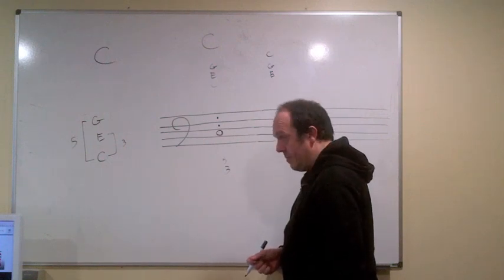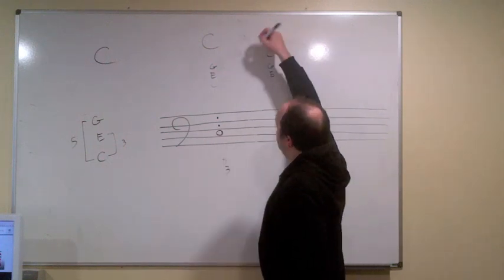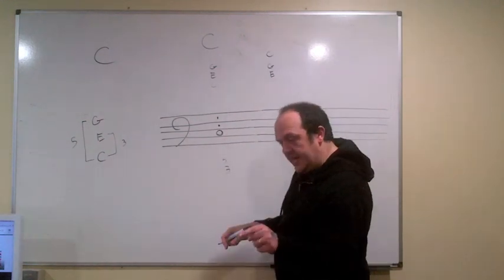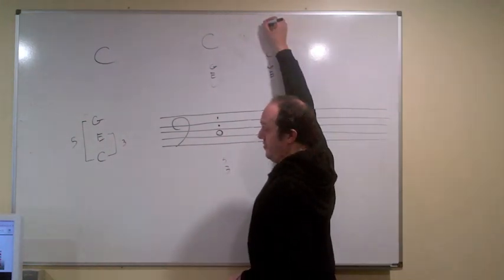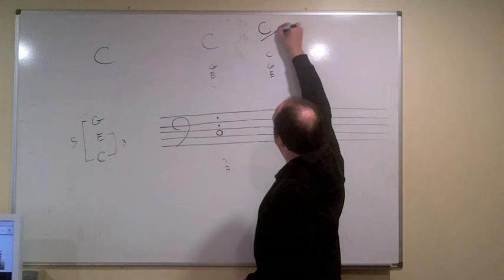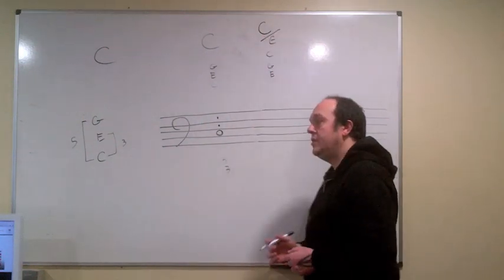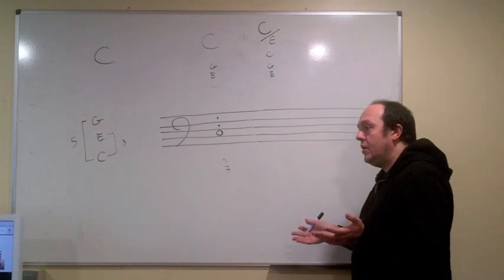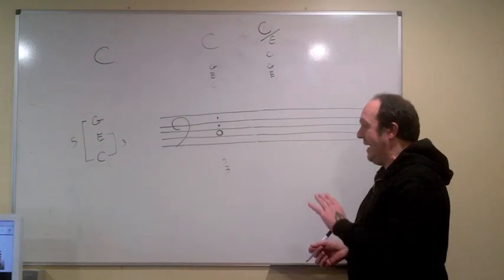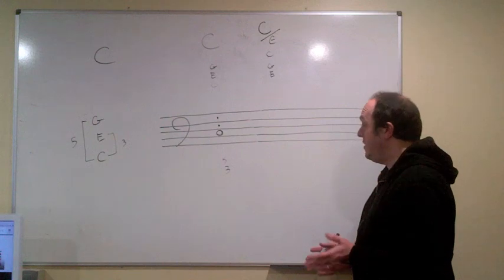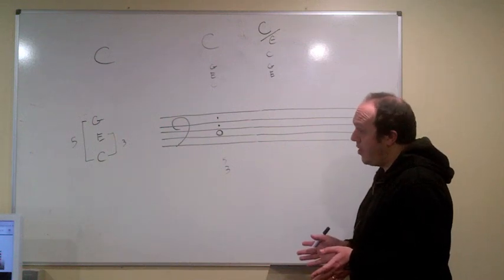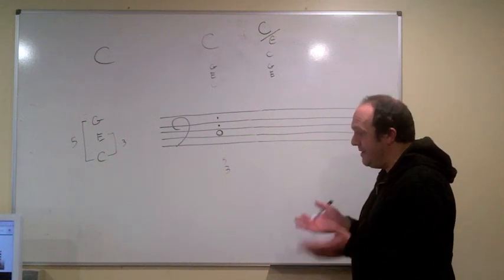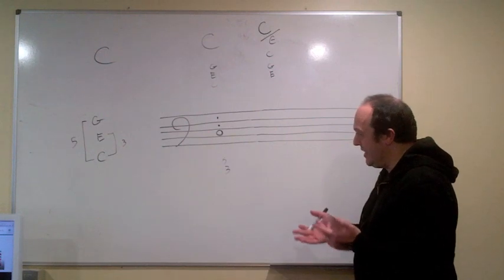To say C major but with the E in the bass, you write C slash E. That means you play a C major, but the note at the bottom has to be an E. It's the same chord, but it's got a different balance. It does something slightly different.